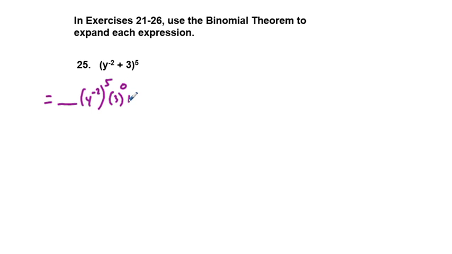Next one we have is plus a coefficient, unknown as of yet. We're going to have y to the negative 2 power to the power of 4, and we're going to have times 3 to the power of 1.